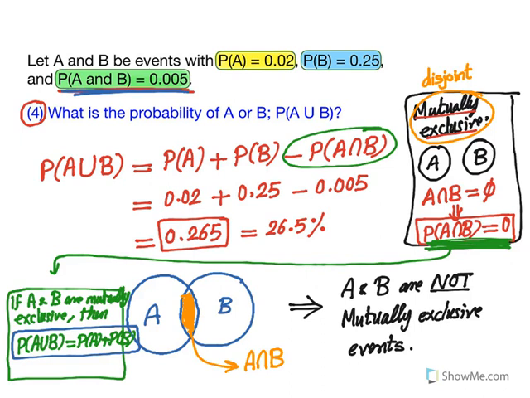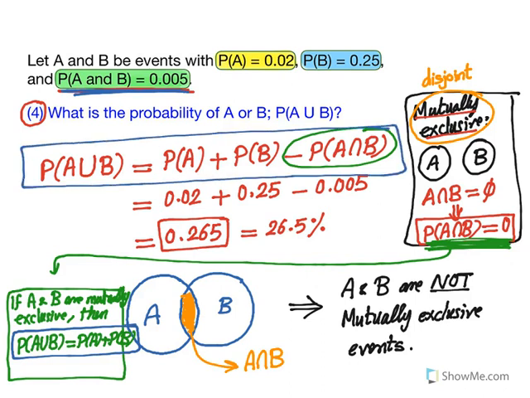So don't confuse the rule here with the rule here. They are used in different situations. If the two events are already mutually exclusive, meaning that the intersection is empty or the probability of the intersection is zero, then you can use the easier version of the formula for OR.